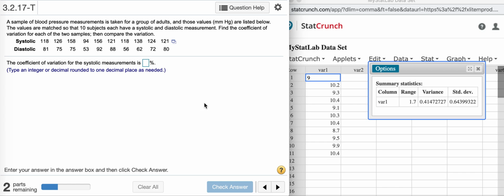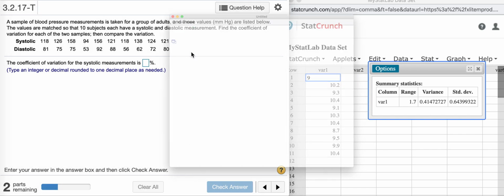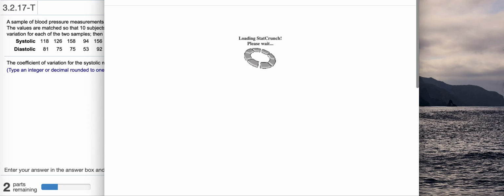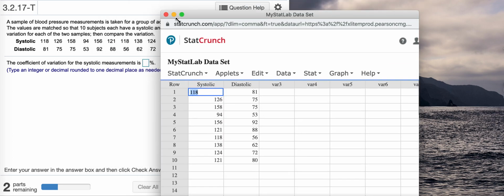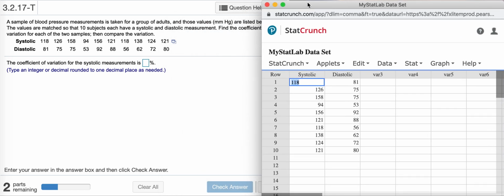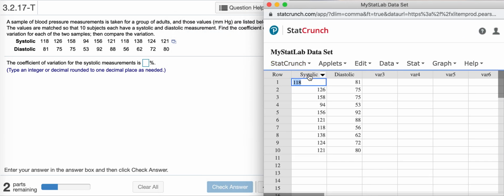Now in problem 16, here they're asking for the coefficient of variation for the different blood pressures. So what I'm going to do here is just the same as I did before. Open in StatCrunch. I have both the systolic and diastolic blood pressure measurements.